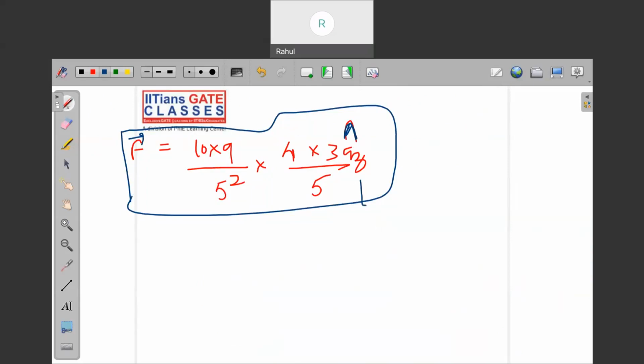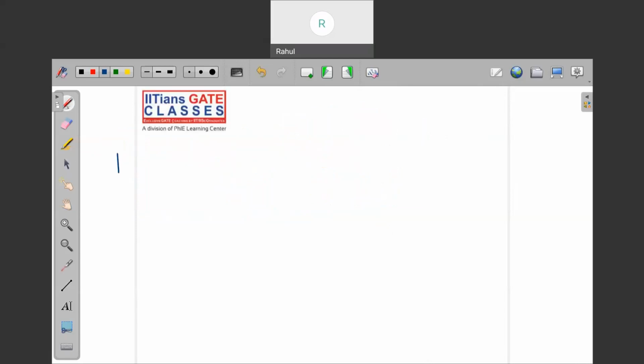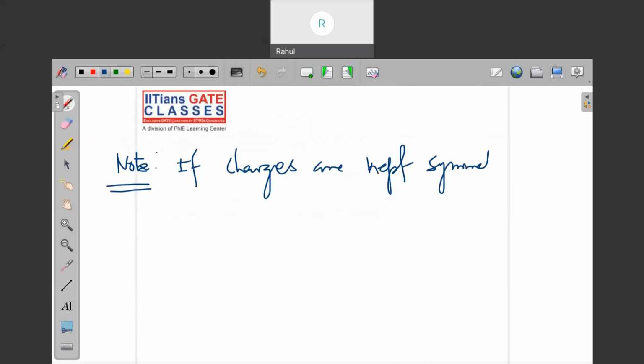And why is the az component coming only, why are ax and ay not coming in the options? Because the charges are kept symmetrically. Okay, so important note here is, if charges are kept symmetrically, then consider the resultant force.